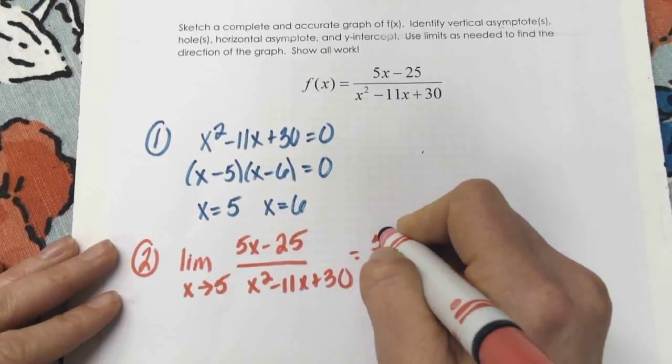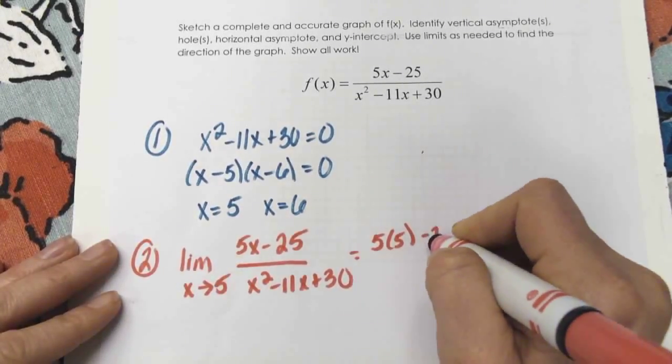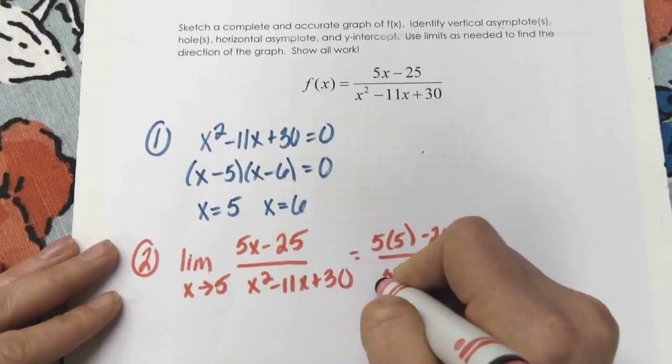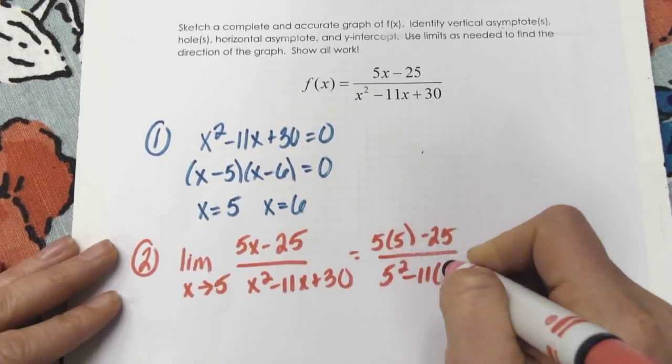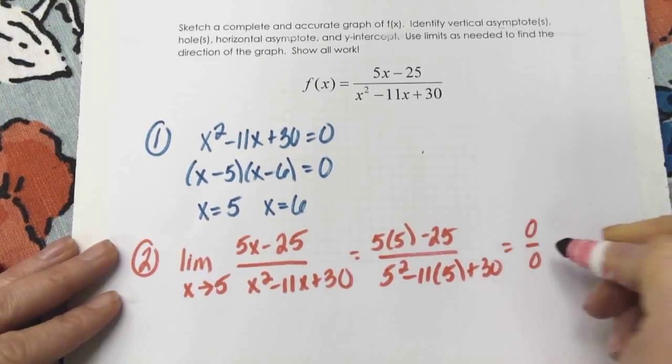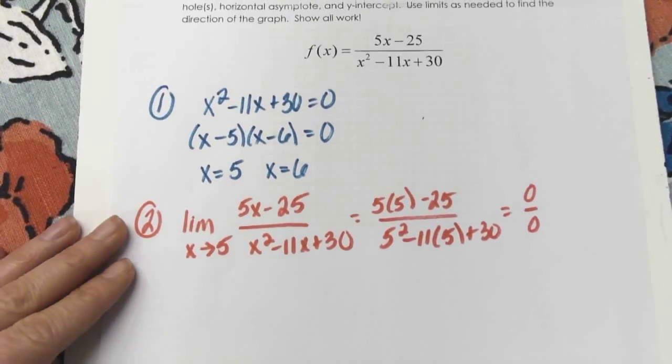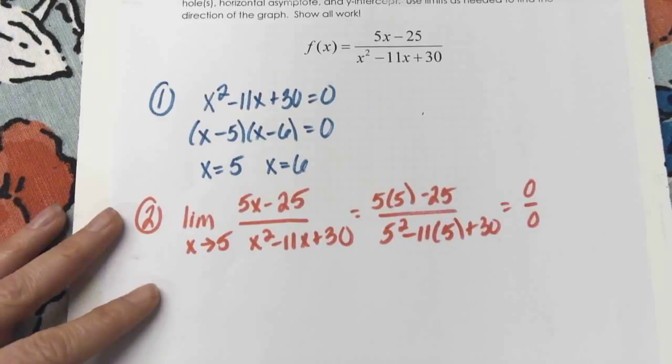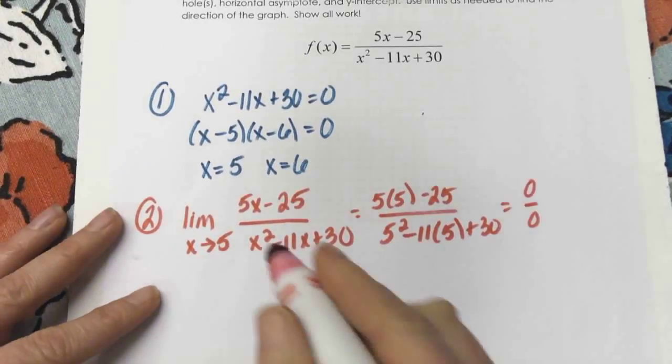When I plug in 5 for all the x's, top and bottom, I get 0 over 0. I like to say that when you get 0 over 0, we can do a little math magic, because it's most likely going to be a hole.